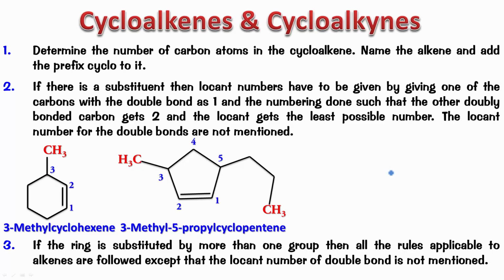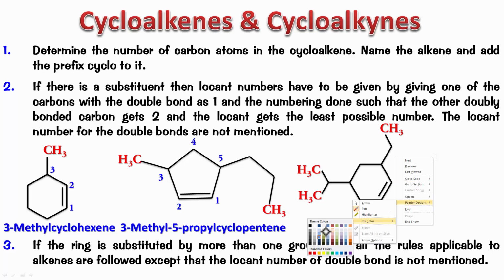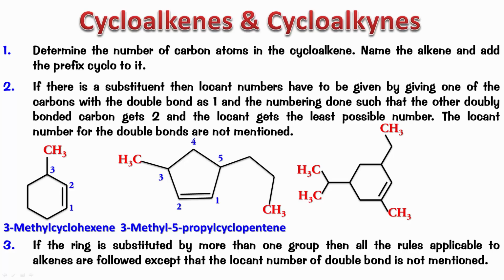Let's try one more. Now I'm going to have 3 substituents. Pause the video, check for yourself what the answer would be, and then play the video. So I'm going back to my red color, it's visible easily. Okay, now what do we do? Which is 1, which is 2, which is 3? Let's try all possibilities. 1, 2, 3, 4, 5, 6.